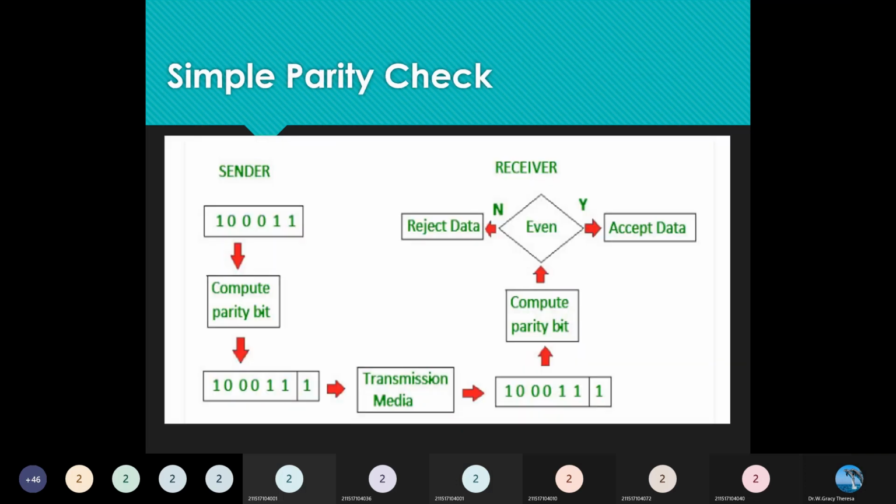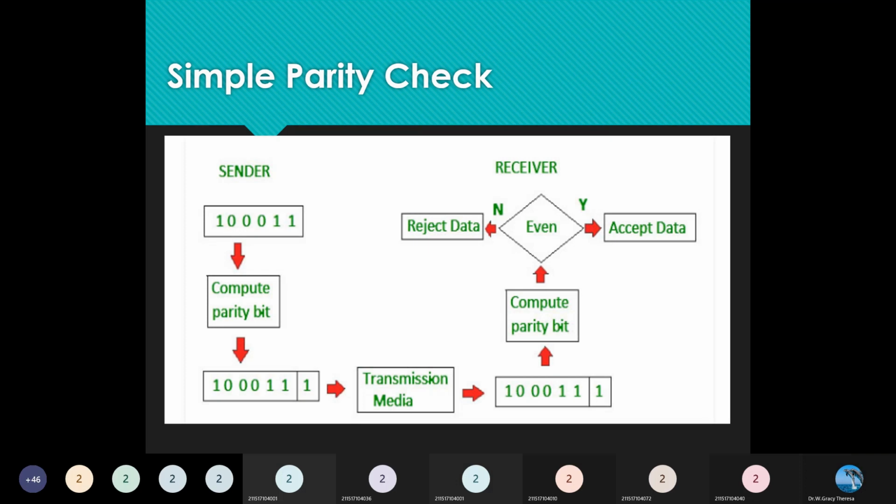So first is the simple parity check. This is a very simple, basic approach. For the block of data that is to be sent by the source, a check bit, which we also call a parity bit, is generated and added along with the source data that is to be transmitted.